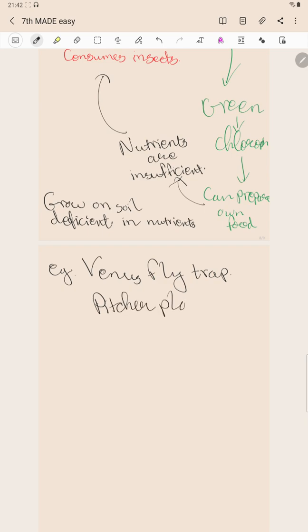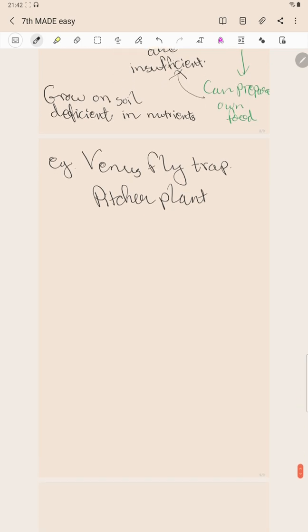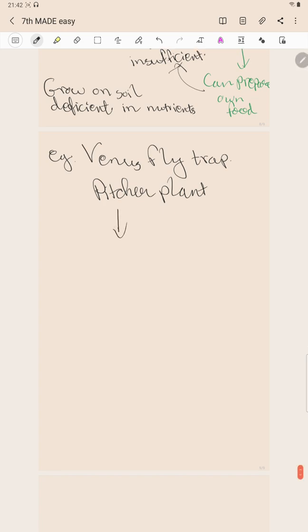Okay, so since in the textbook the pitcher plant is given in detail, I'll talk to you about that. So let's see. Pitcher plant. Suppose this is a plant. It's a leaf.